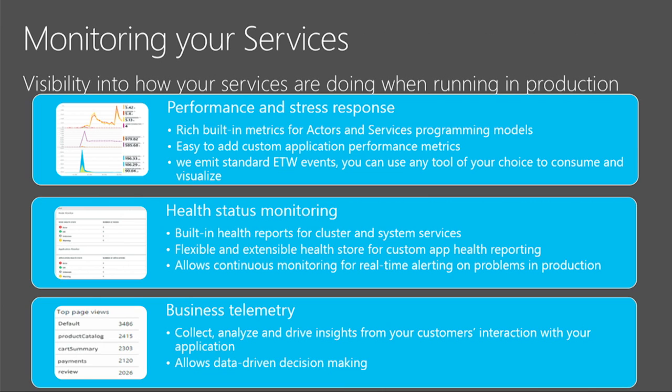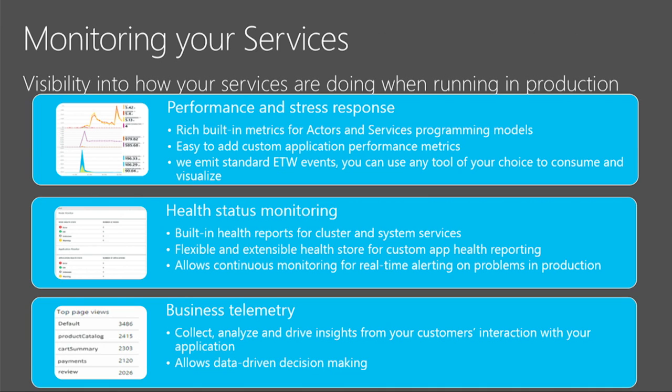So it's not restricted to what we write out; it's totally up to you what you write out for your service. The second thing is you can also pump these performance monitoring metrics into any of your tools. Since we use ETW, that's standard, so you can use any tool of your choice to consume and visualize that.